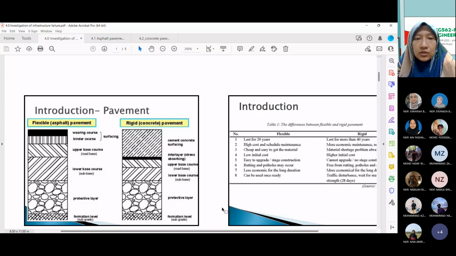Similarly, in choosing the right material to be laid on the structure, as I said again, if you choose a flexible pavement, we are going to opt for asphalt, and vice versa. But these are two different materials, asphalt and concrete.